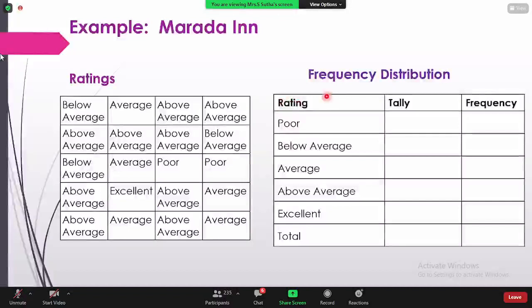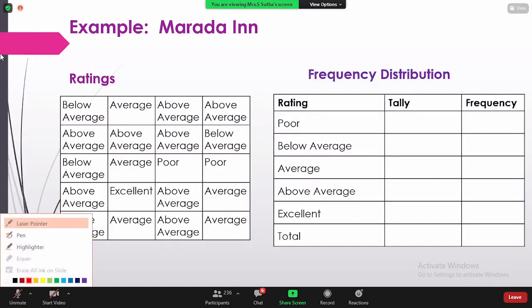So the variable is the rating of quality of the hotel. And the measurements of this variable are poor, below average, average, above average, excellent, right? So now we are going to look at how we are going to mark this.